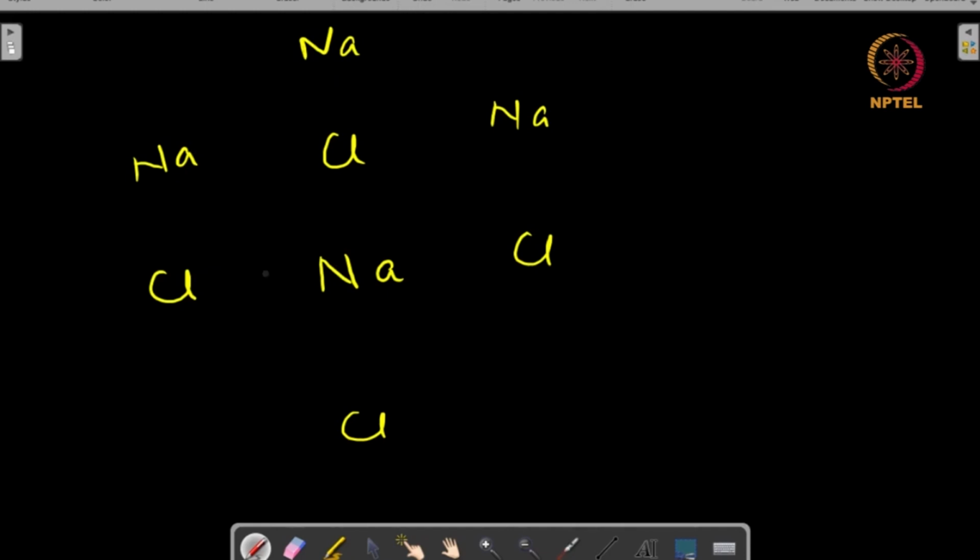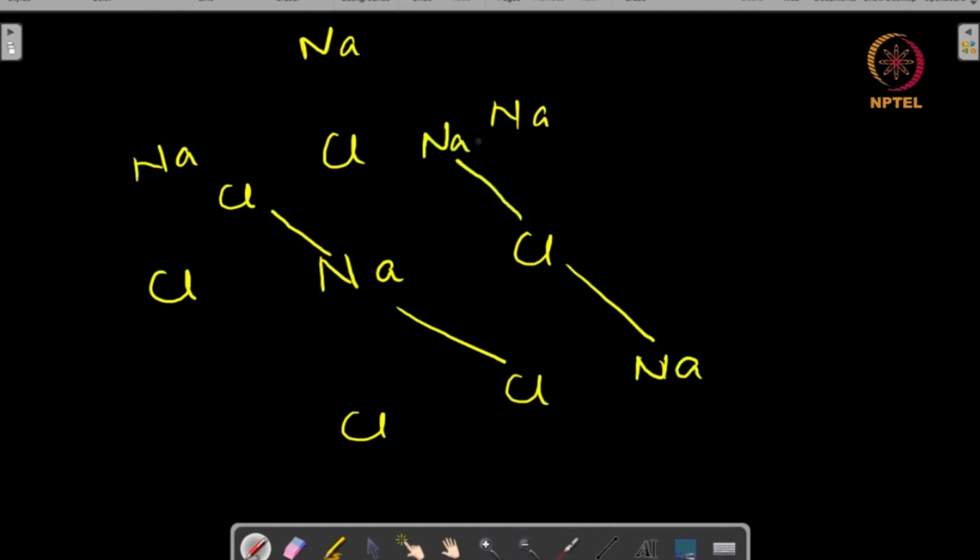So for instance, if this is the first plane, in another plane we will have chlorine here, in the bottom plane we will also have chlorine here. Here you have chlorine, so in the bottom plane you will have sodium, in the upper plane you will have sodium, and so on. Now this is a very fixed, ordered arrangement.